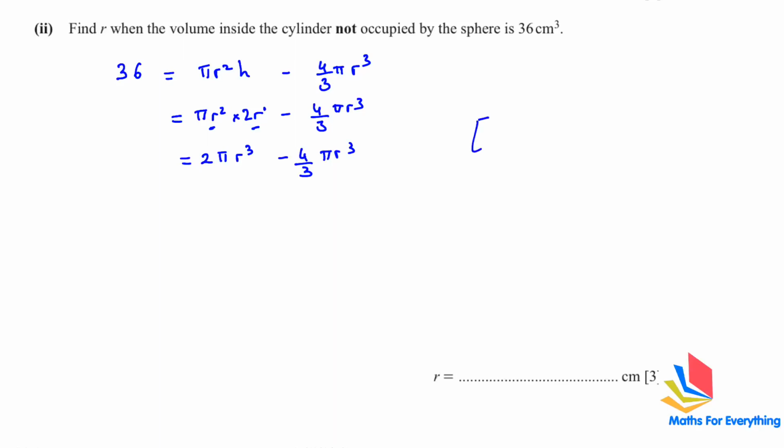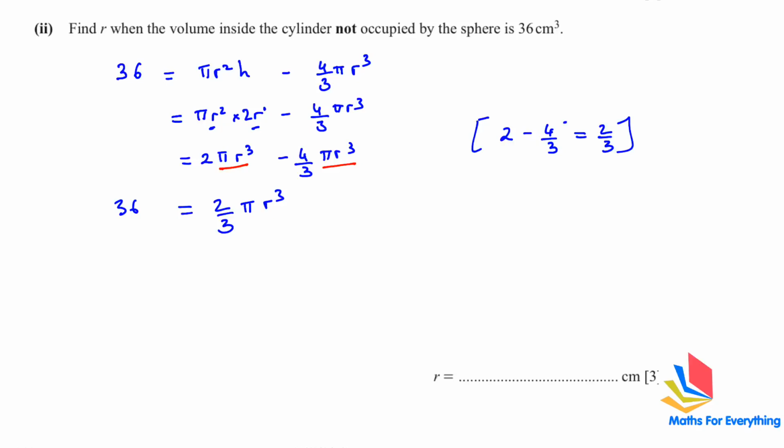In your calculator, write 2 minus 4 over 3. We are just using the numbers. And we will get 2 over 3. So this is going to be 36 is equal to 2 over 3 pi r cube. We could do so because this is same here, pi r cube and pi r cube.